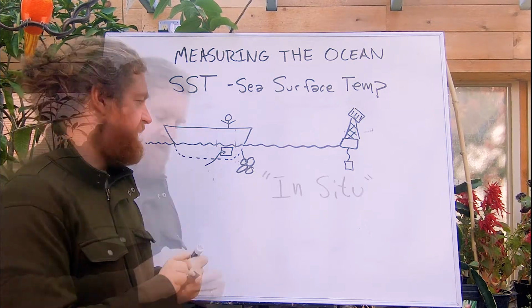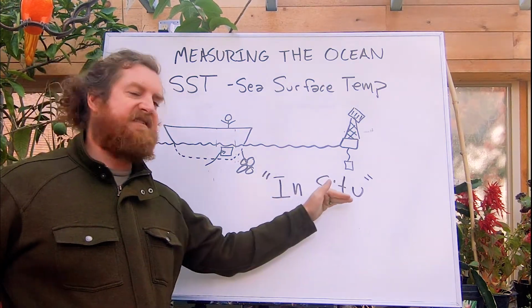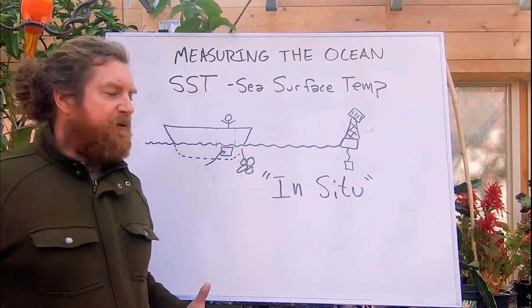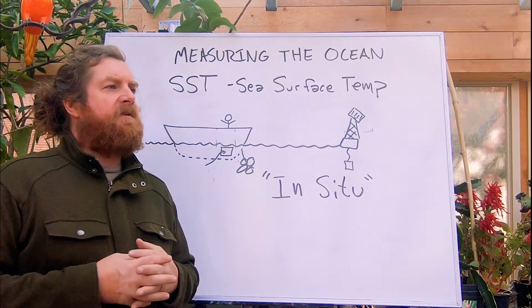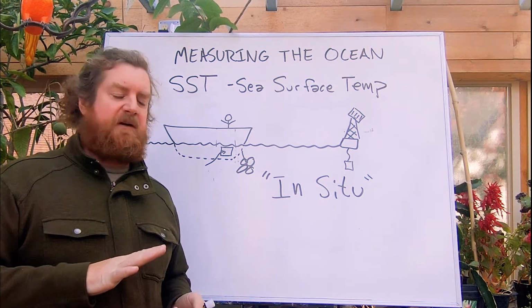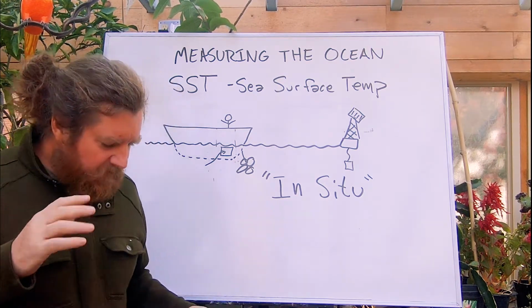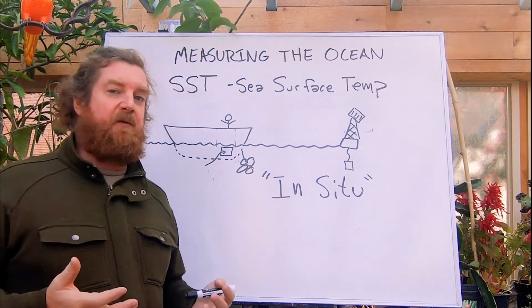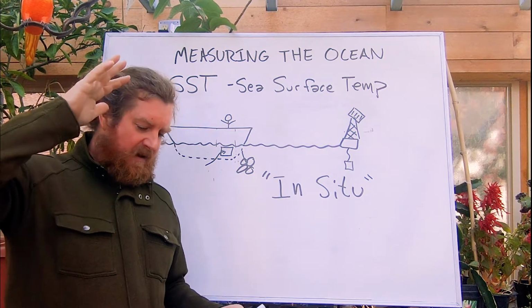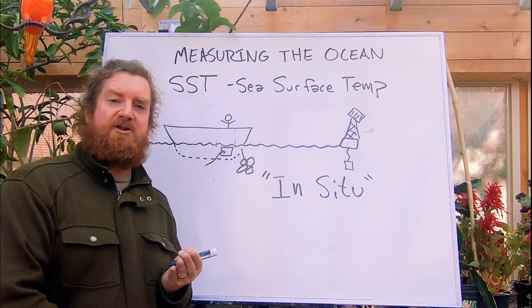Remember I talked about this method of in situ measuring, which again is Latin for in place. So really in about the 1980s, we began measuring sea surface temperature essentially the same way that an infrared thermometer works. In this case, we have satellites detecting the ocean.